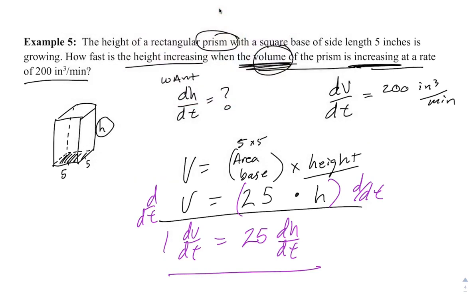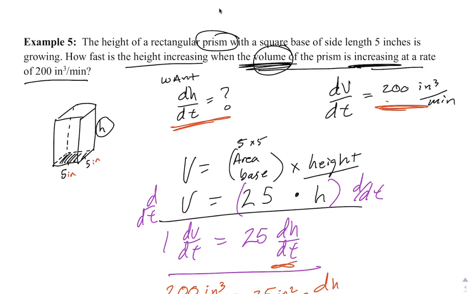I'm looking for dh/dt, so that stays there. I have dV/dt is 200 inches cubed per minute, so 200 inches cubed per minute equals 25. By the way, the unit of the 25 is 5 inches times 5 inches, so it'll be inches squared times dh/dt.